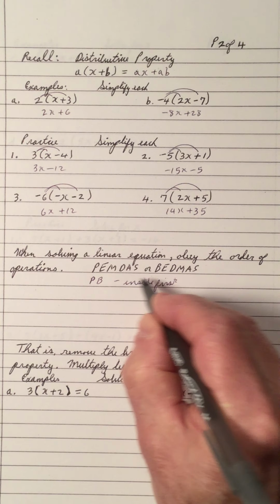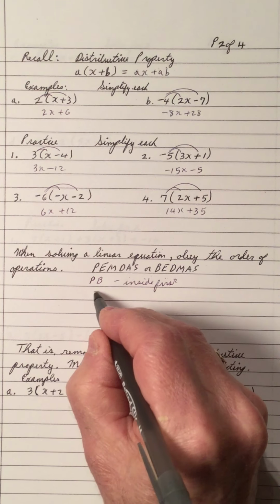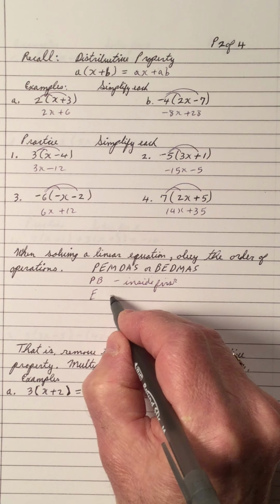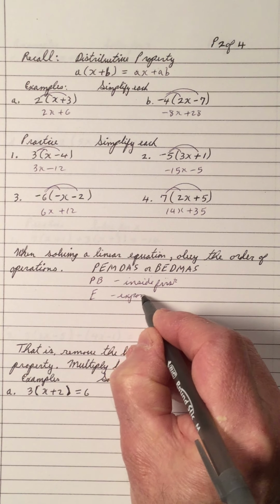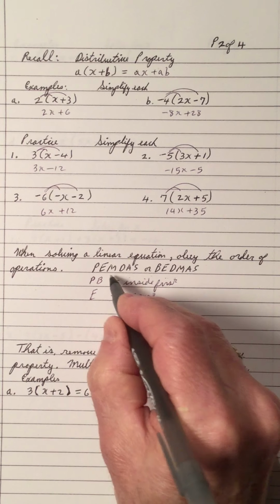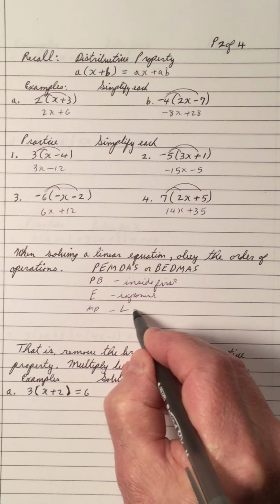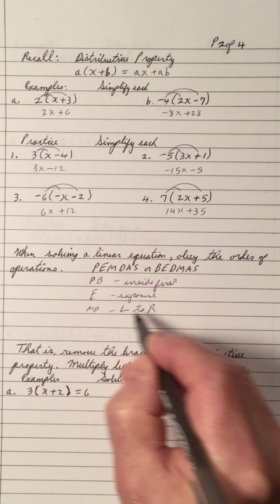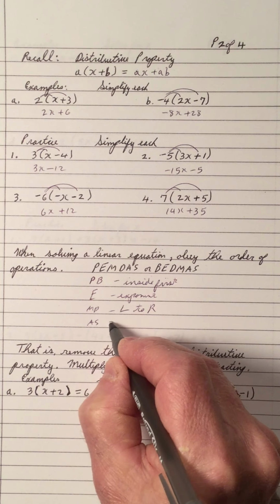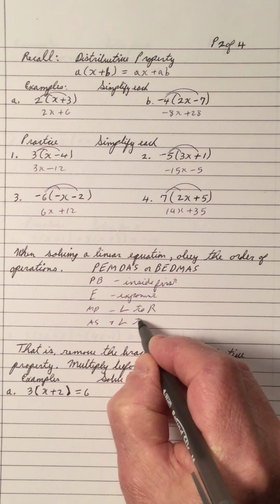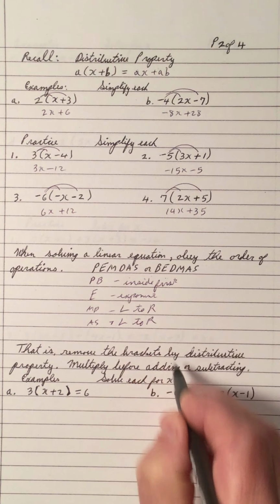Then we do E, the exponents or powers. Then multiplication and division, from left to right. And the last is addition and subtraction, from left to right.